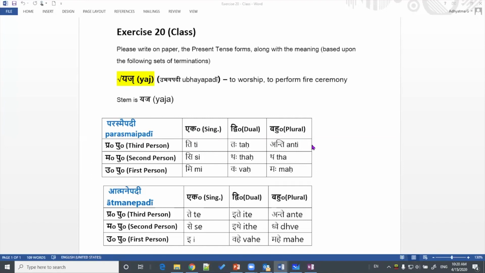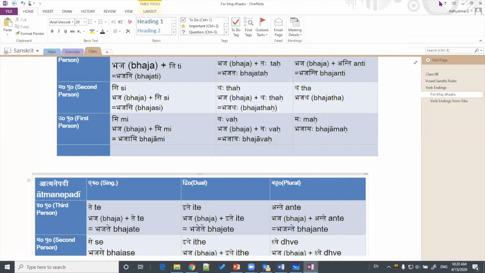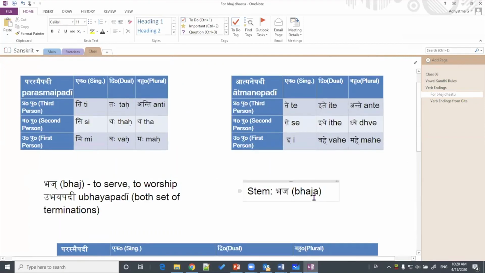Welcome back, everybody. I hope you were able to do these two tables without any difficulty. There was one question: here the stem is ending in akara, bhaja.